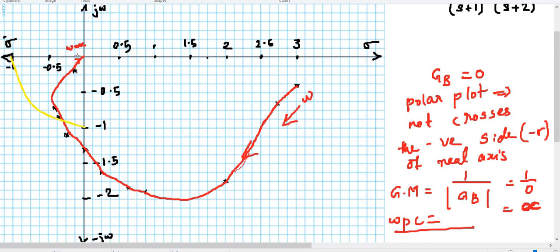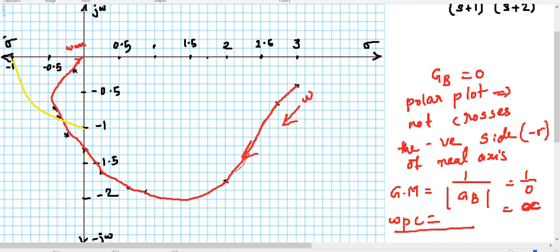We have to plot a unit circle with the origin as center and 1 as radius, and when this unit circle meets the polar plot, we mark that point.